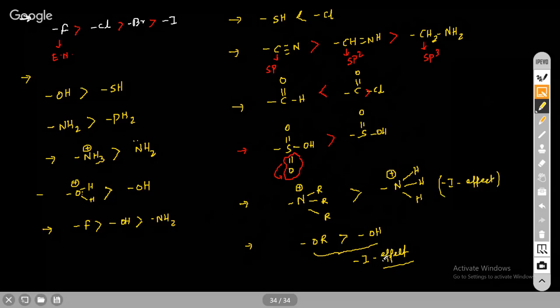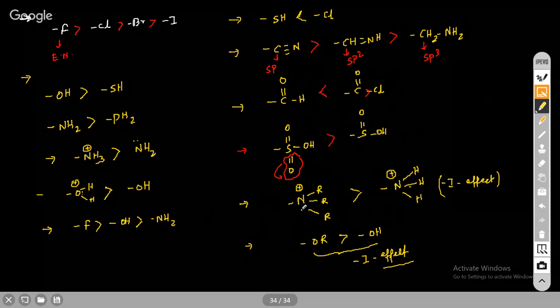It is not because of hindrance. It is because here we have the p orbital of this alkyl group, the carbon that is present here, and the p orbital of this will take part in the bonding. So the p orbital of nitrogen is involved in bonding, so there is more s orbital available here. So we say the percentage s character of nitrogen available is more here than this, and that's why it has more electron withdrawing tendency.